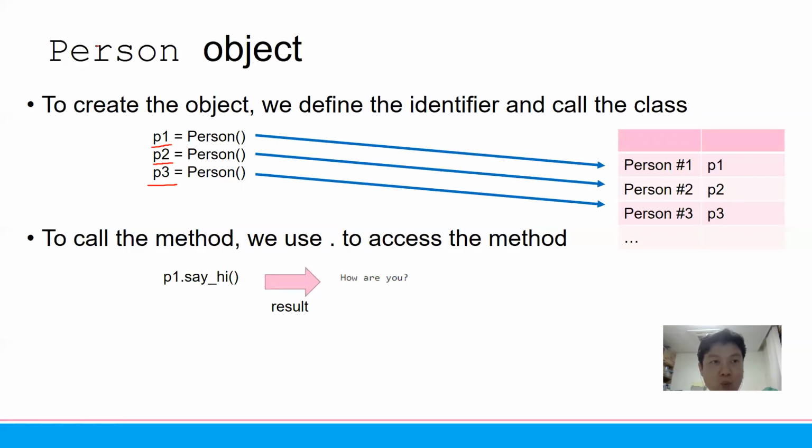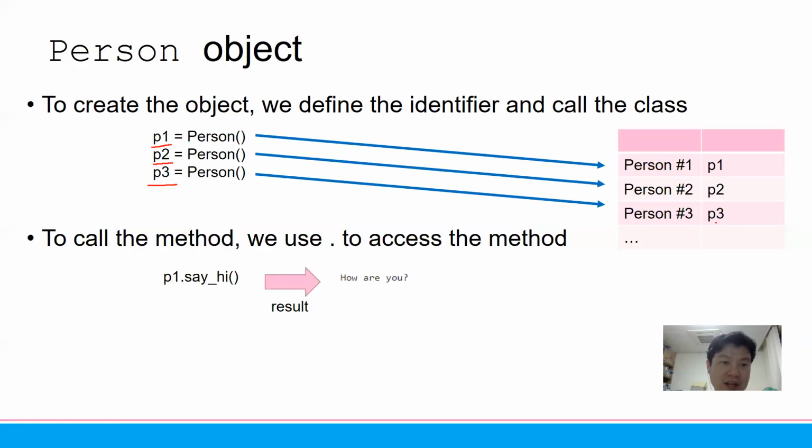Then if I have one person class, so one class can include many instances. So one class of the person can include three persons. And you can create another person P4, P5, P6, and so on. So those are the instances.